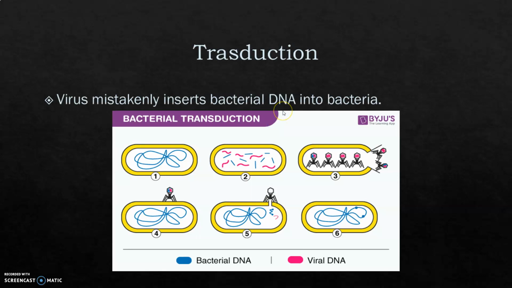First one, transduction. All right, transduction is when we have a virus injecting bacterial DNA into a bacteria cell. Remember from learning about viruses, when a virus infects a cell, it attaches, like this guy here, and all it does is insert its genetic material into the cell.